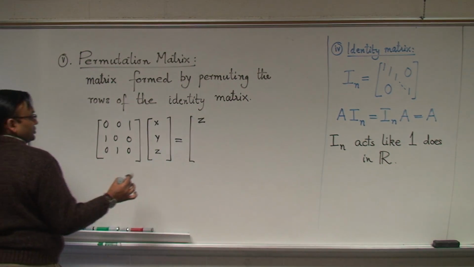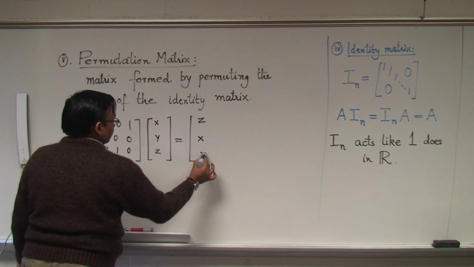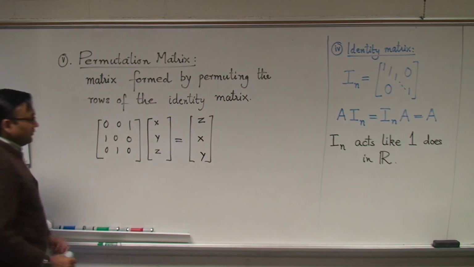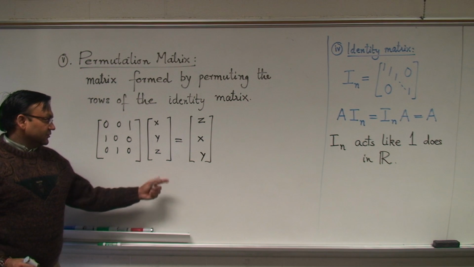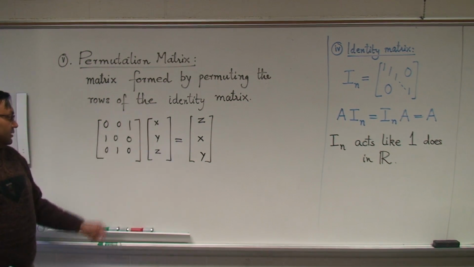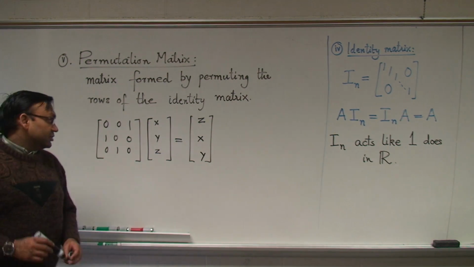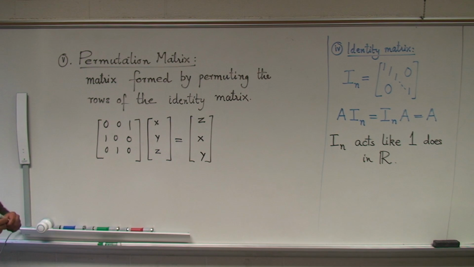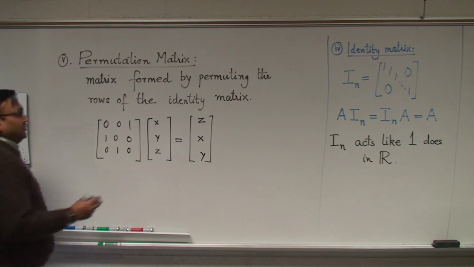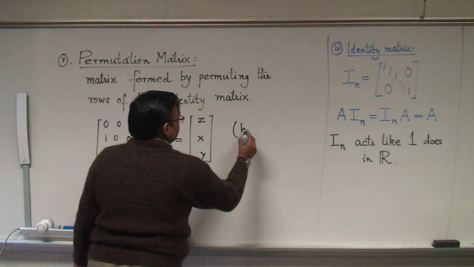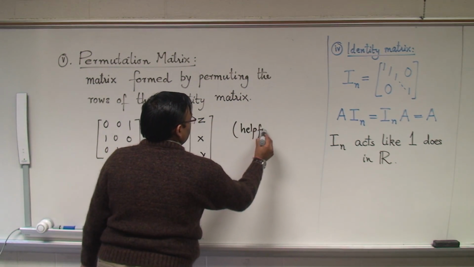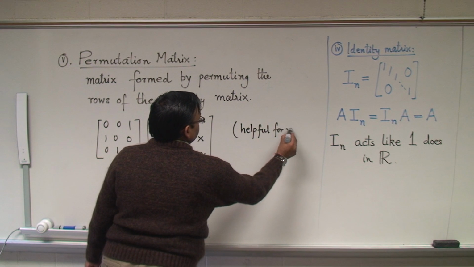Upon matrix multiplication, this is what I'm going to get, z, x, y. So the effect of a permutation matrix on a vector is basically permuting that vector according to what the permutation was for your permutation matrix. This is the thing which will help us in row swapping. So this is the matrix which is helpful for row swaps.